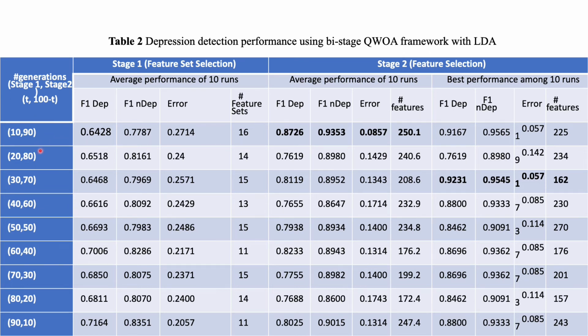We can see that in both cases, for the best result, more generations are required for feature selection as compared to feature set selection, as the size of the chromosome is larger for feature selection in stage 2, hence more generations are required in stage 2.